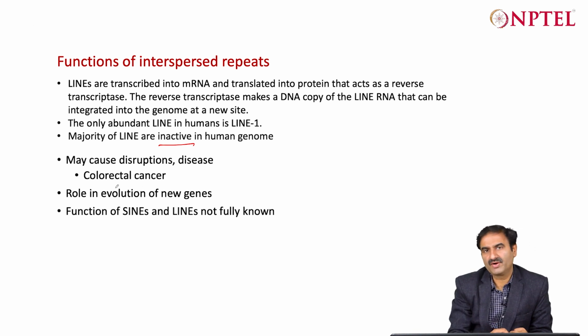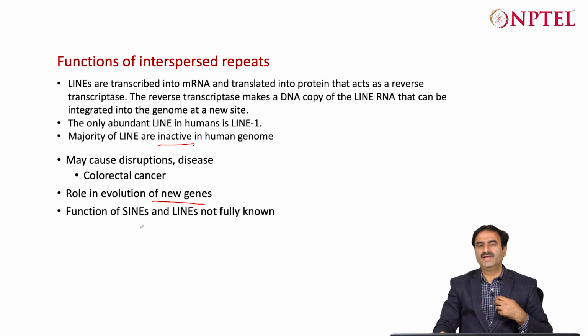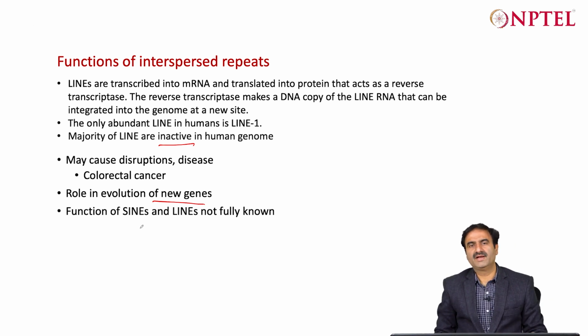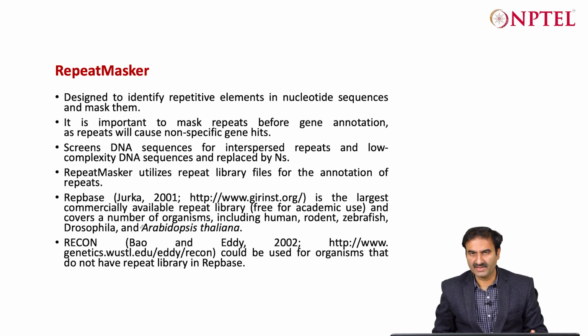Their random insertion can also lead to the evolution of new genes, or change in genes, right? The function of LINEs and SINEs is not fully known, but they are an integral part of the genome and must be playing an important role in the evolution of humans and other eukaryotic genomes, right?